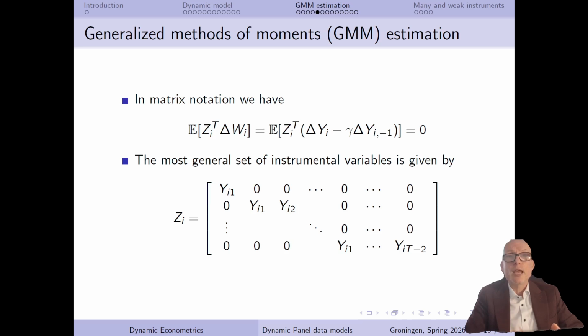In addition, that we have assumed that there is no serial correlation with respect to WIT, and finally we have assumed that the first observation YI1 is going to be exogenous, so therefore also not correlated to WIT. These are the three main assumptions that we have made so far. And under these assumptions, you can actually quite easily show, and we have done that so far already, that these moment restrictions should actually be correct.